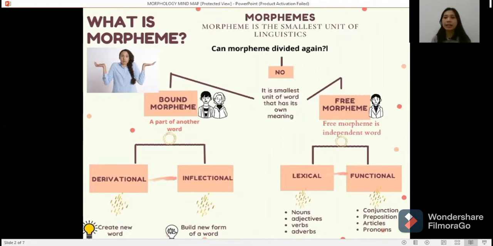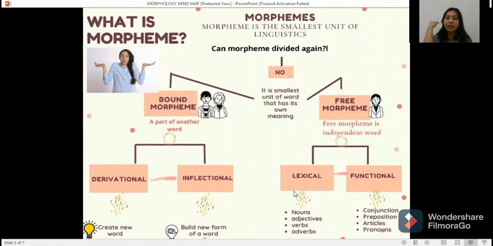It can stand alone as a word which has its own meaning, something like the base of a word. Free morpheme has two things that we are going to learn about: lexical and functional.